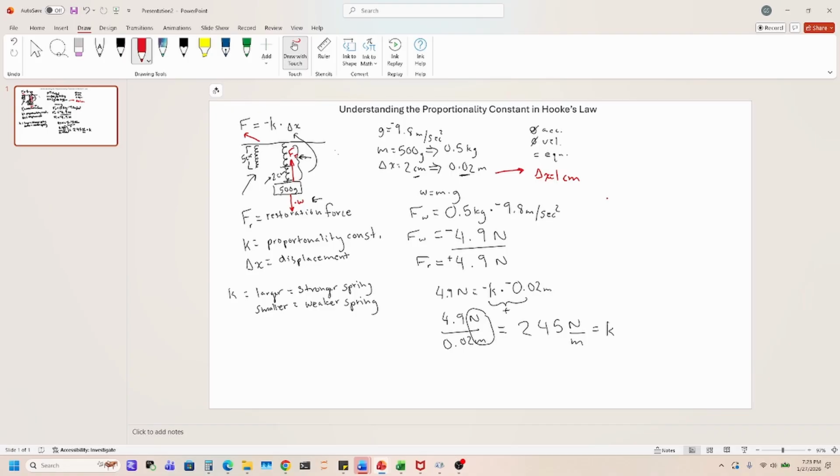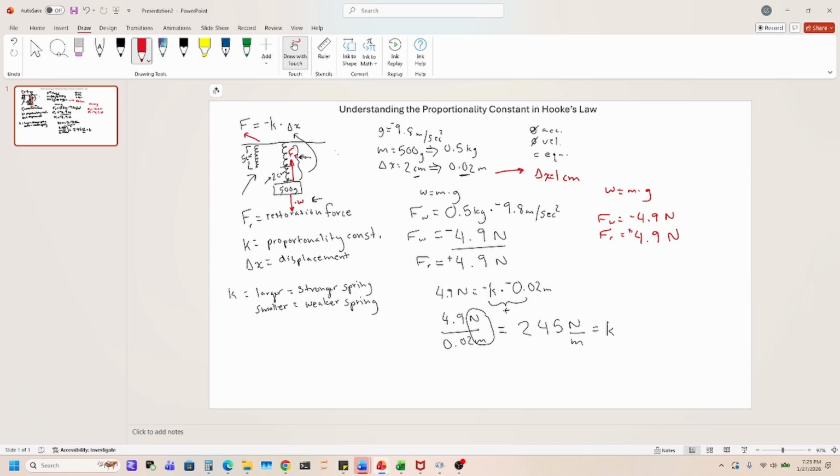So we still use our weight equals mass times gravity. And we find the same forces acting because it's the same size of weight. So our force for our weight is negative 4.9 newtons, and therefore our restoration force is going to be the same, except positive.